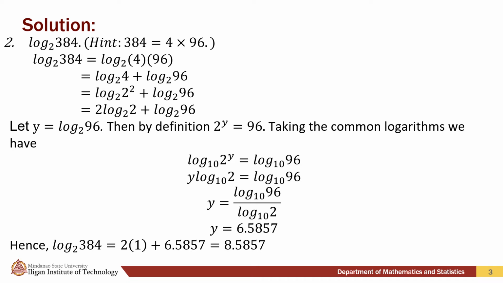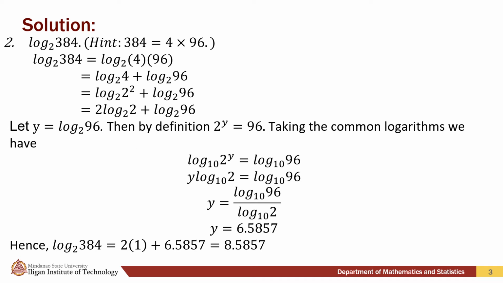Separating values and solving for y, we have y equals log of 96 to the base 10 divided by log of 2 to the base 10. Also, from this equation, we have y equals 6.5857.